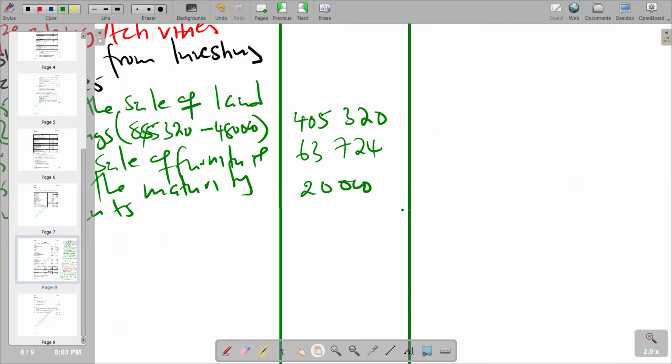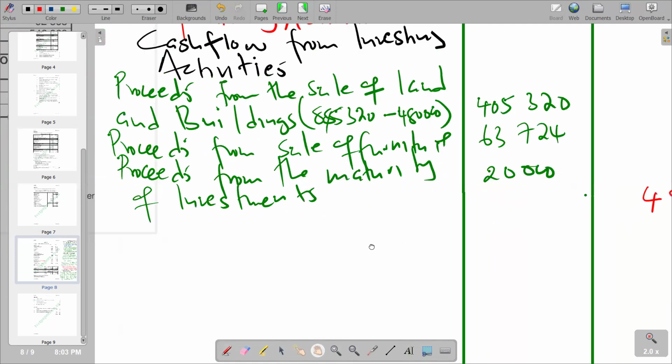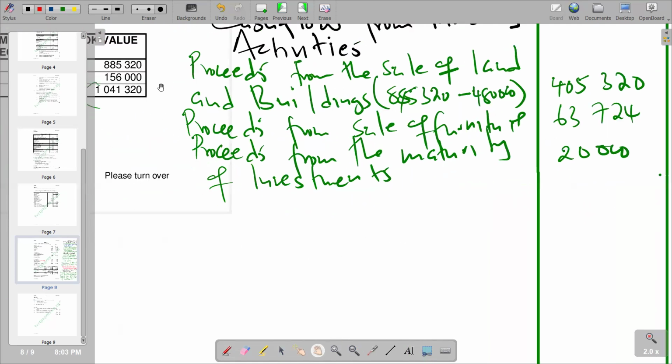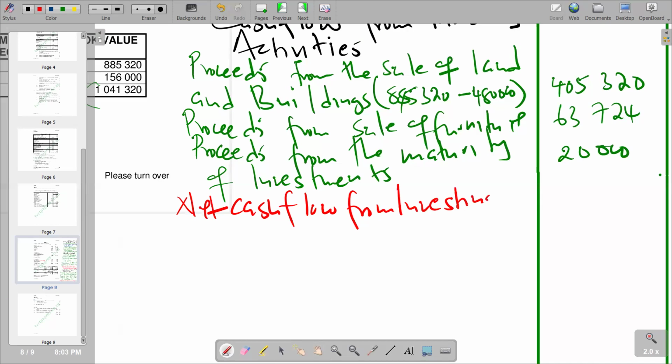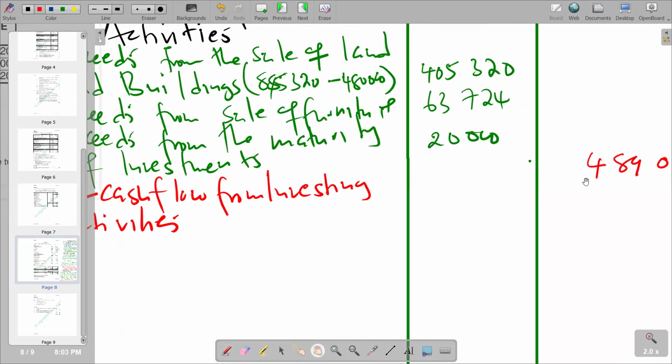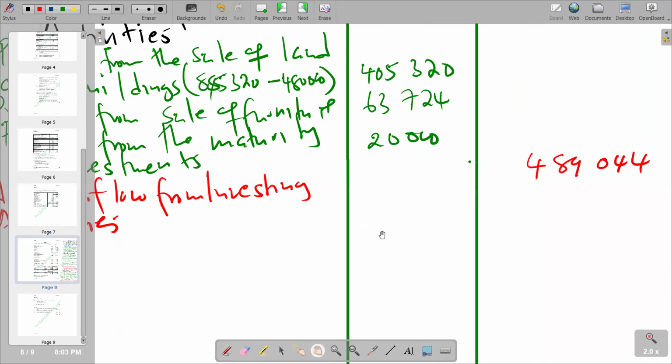And this figure represents our net cash flow from investing activities. So we have net cash flow from investing activities being 489,044.